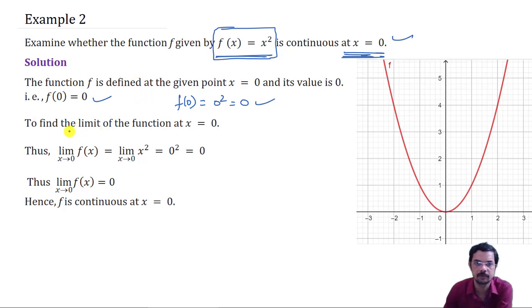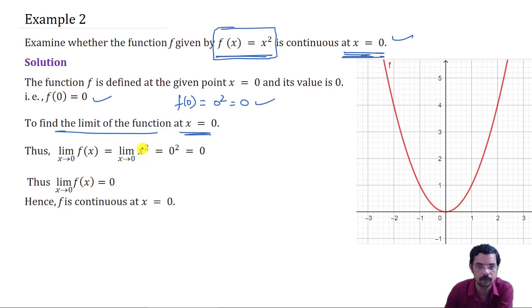Second, to find the limit at x equal to 0, we will consider limit x tends to 0, f of x, which is equal to limit x tends to 0 of x square, since f of x is x square. Now it is very simple.